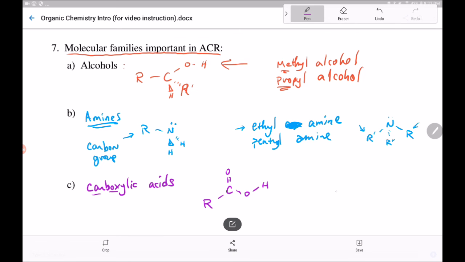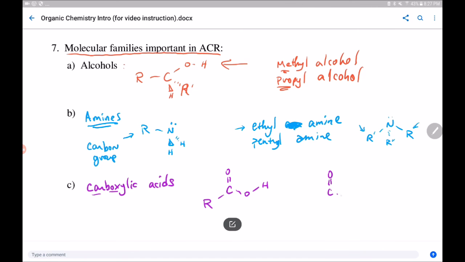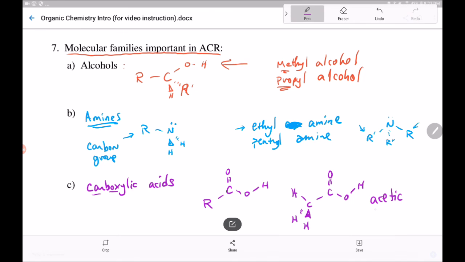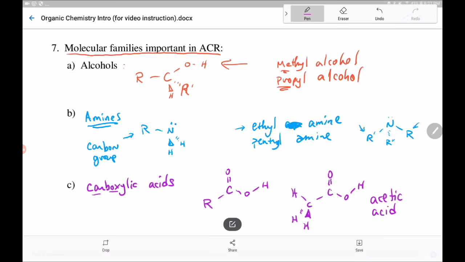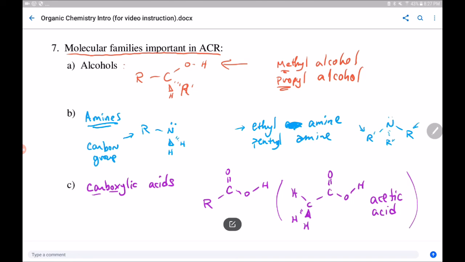So the simplest one, it's actually not the simplest, but it's the most common one, is acetic acid. Acetic acid looks like this. It's the active ingredient in vinegar. So when you smell vinegar, you're really smelling acetic acid, that molecule.